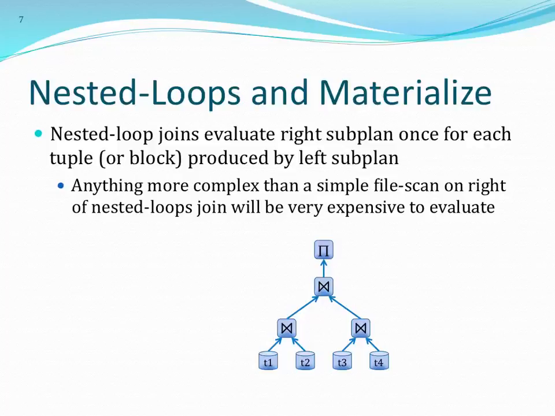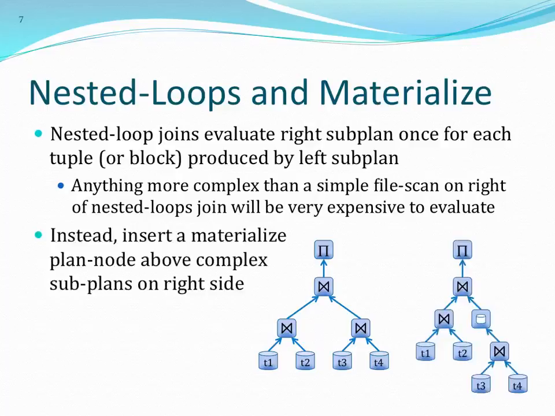But if I have some complicated subplan on the right, then I don't want to deal with this. If that top theta join was being implemented as a nested loop join, then I scan through the left subplan once, and I scan through the right subplan once per tuple in the left subplan. And that's kind of crazy. I don't want to do that.